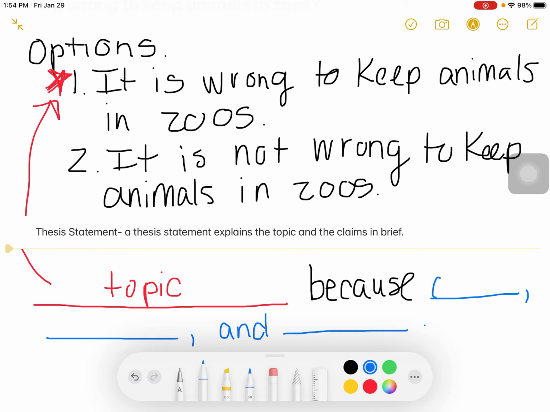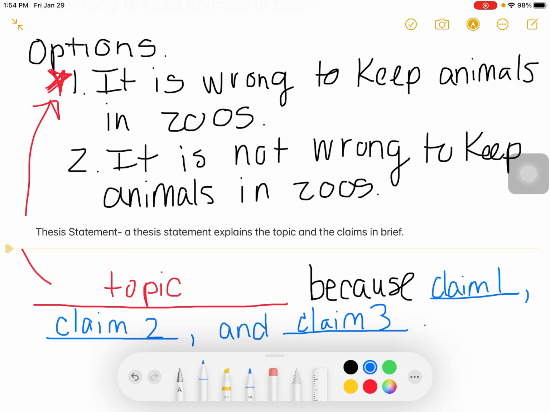And that's going to be claim 1, claim 2, and claim 3. So this is my thesis statement. I'm going to give my topic, which is, it is wrong to keep animals in zoos because, and then I'm going to give my 3 claims.